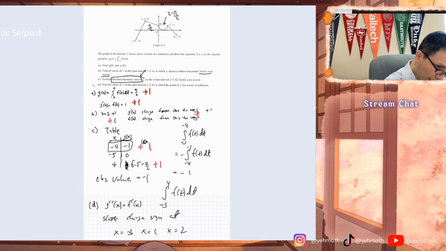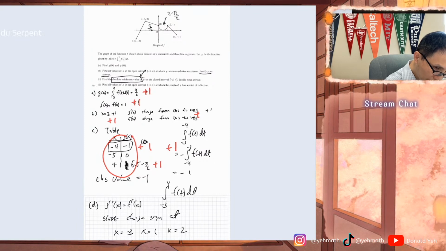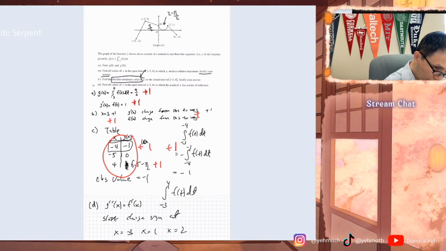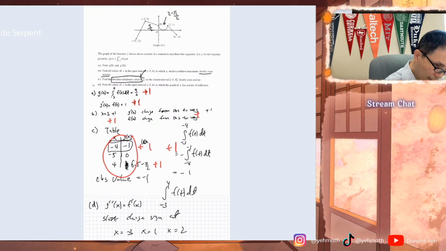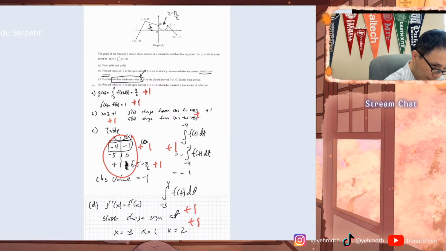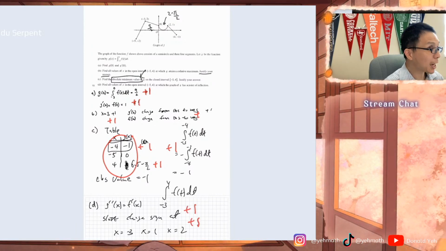And justification, which is the table. So it's 1, 2, 3, 4, 5, 6, 7, and 8, 9. So you're going to get 9 points here.